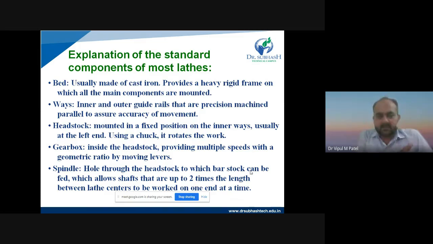Now, the spindle goes all through the headstock, through which bar stock can be fed, which allows shafts that are up to 2 times the length between the centers to be worked on one end at a time.